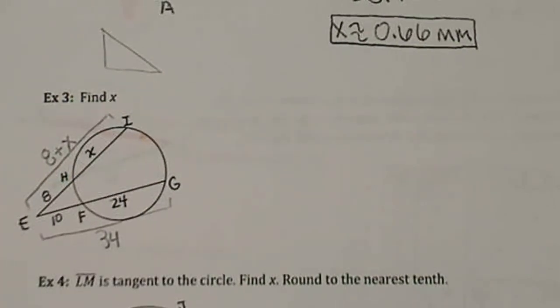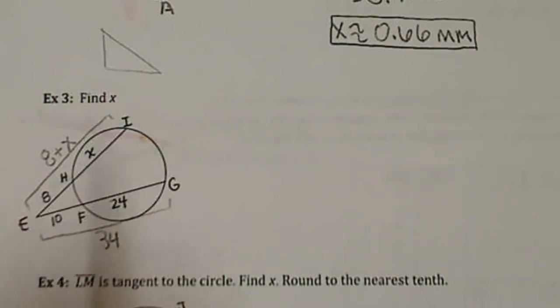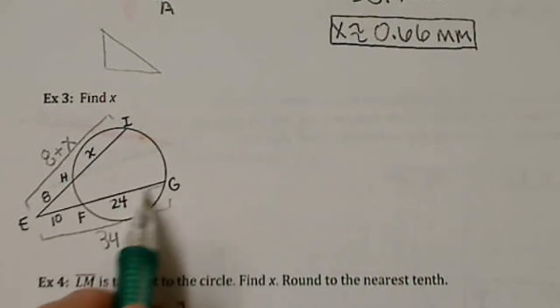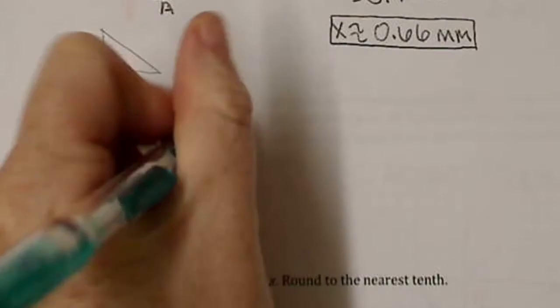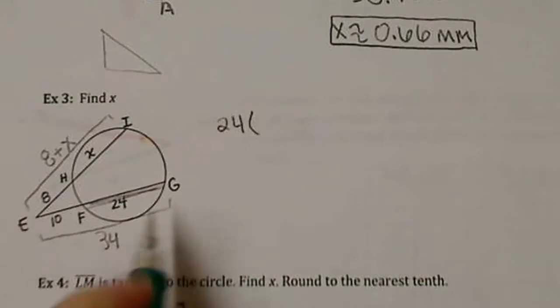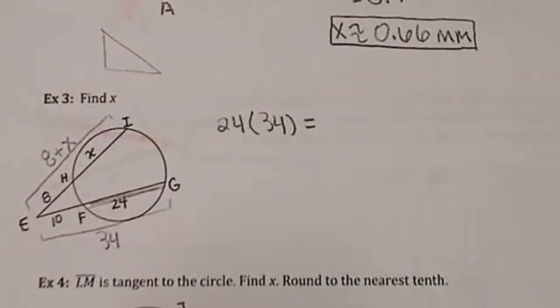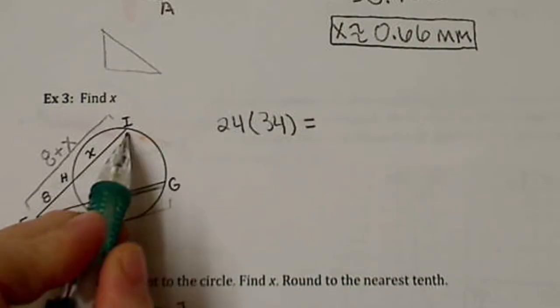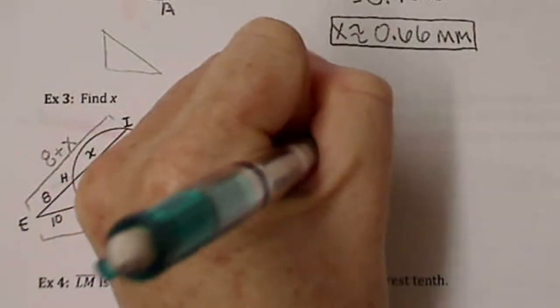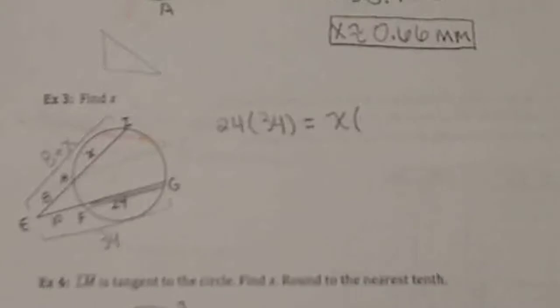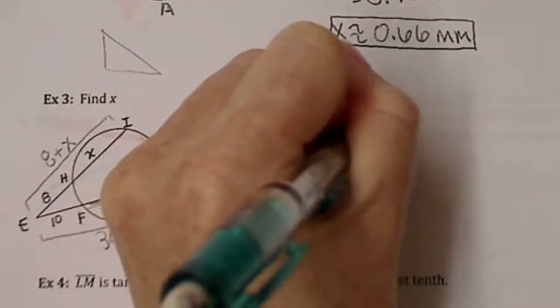Because when they intersect outside the circle, then I have to take the whole length. So to find x, it's this piece right here, GF, which is 24, times the total length, 34, equals this little piece, IH, which is x, the secant inside the circle, times the entire length.